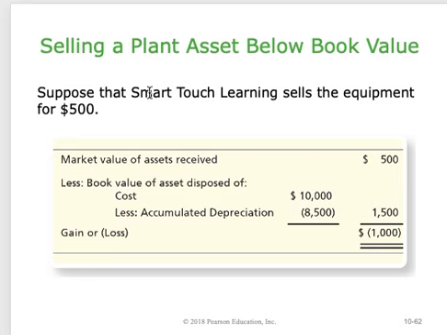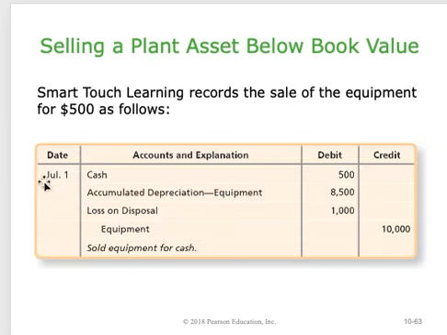All right. Suppose that we sell that same piece of equipment, but instead of for $4,000, we could only get $500 for it. Well, we received $500, the book value was $1,500, therefore there's a $1,000 loss. Once again, let's look at that journal entry. You debit cash for what you received, $500.